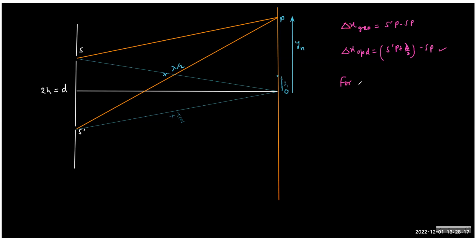So for maxima, we can write delta X, the OPD, equals N lambda, correct? Yes, sir. So S dash P plus lambda by 2 minus SP, and S dash P minus SP is always D sin theta, right?